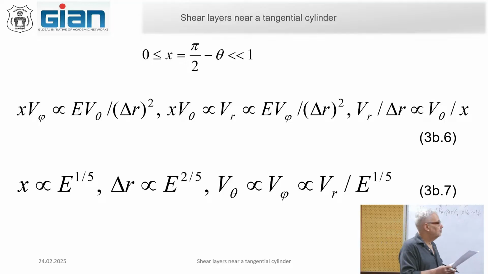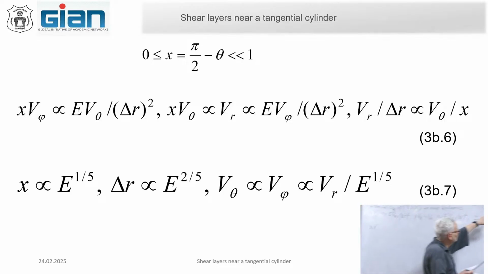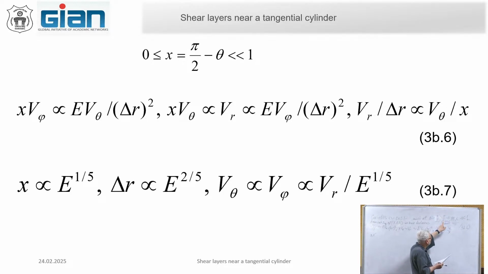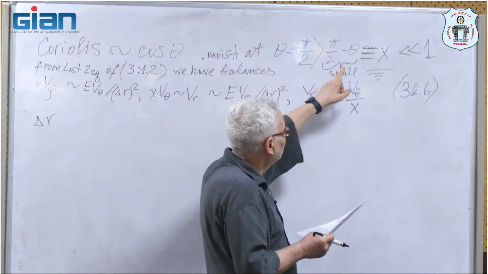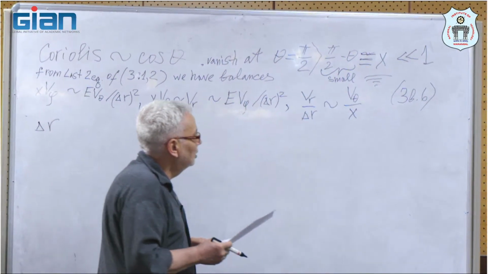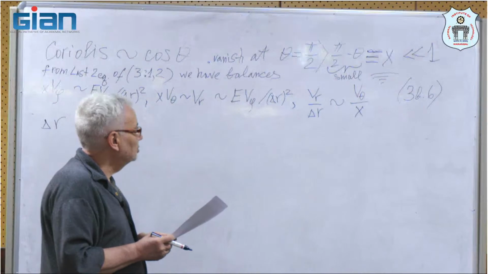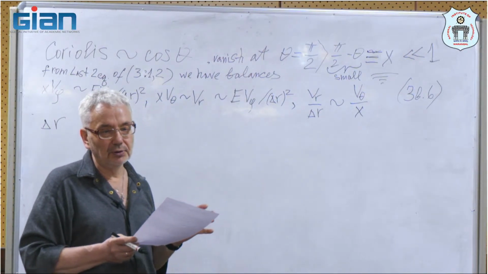You see that there is a trick here: Coriolis is proportional to cosine theta, so it's actually proportional to this x, which is half pi minus theta. So its Coriolis force becomes diminishing.